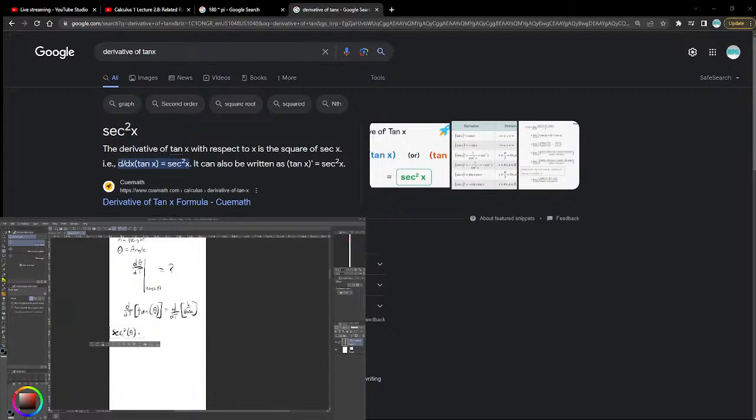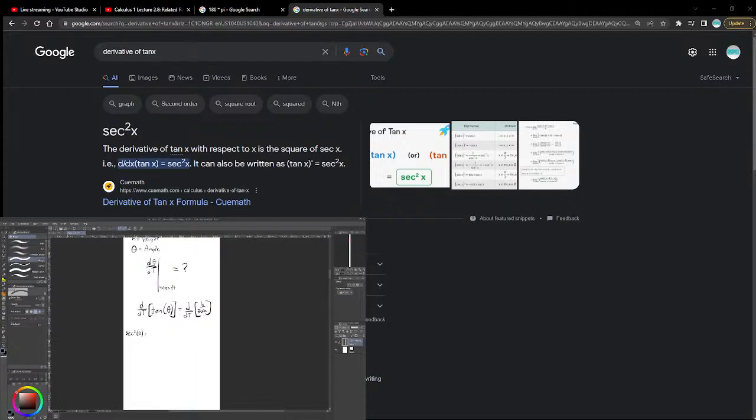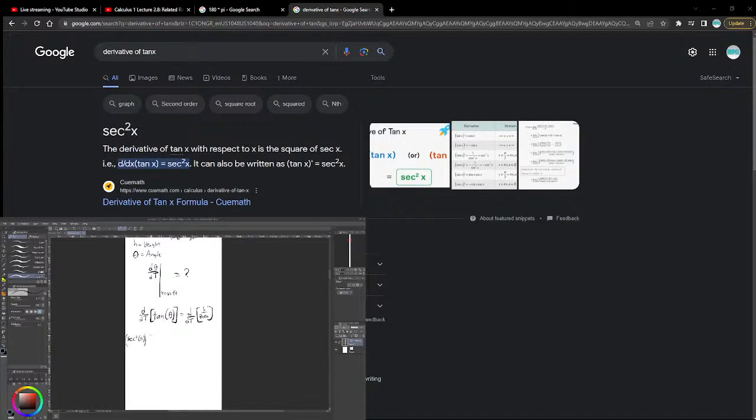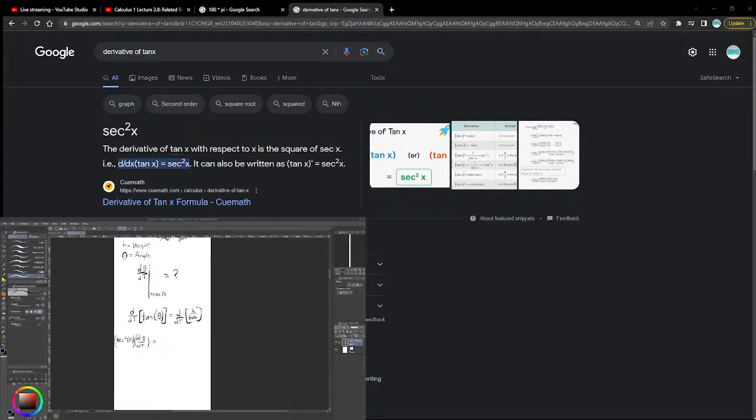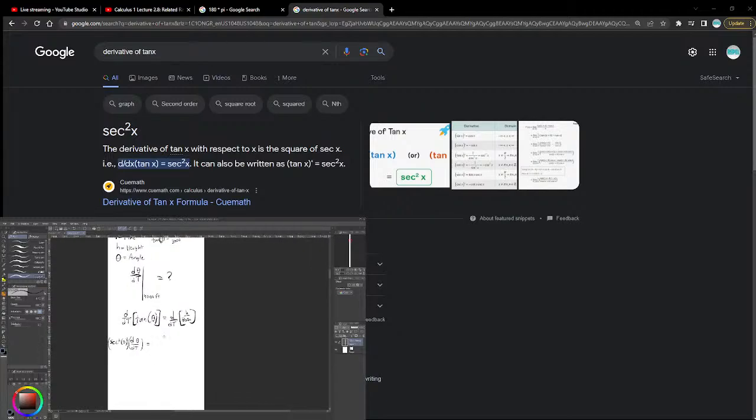I forgot this is a chain rule. d theta dt. So I'll have to divide on both sides.